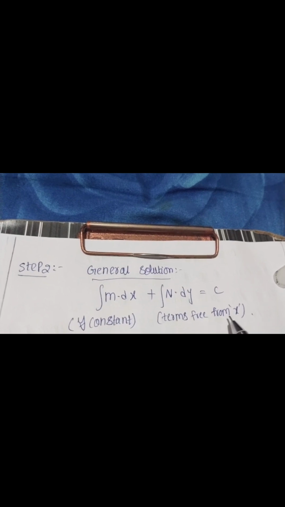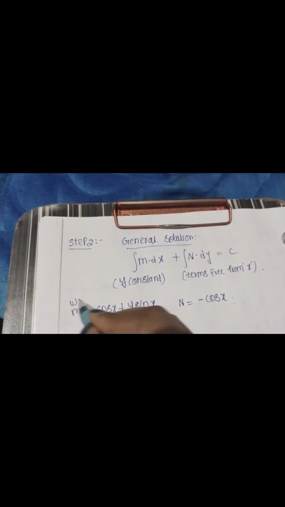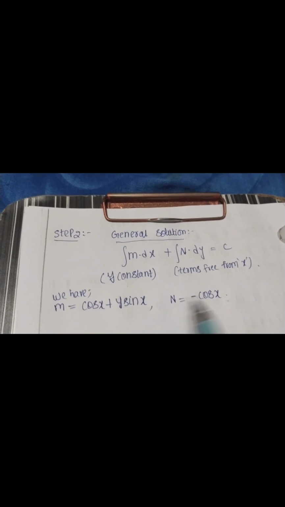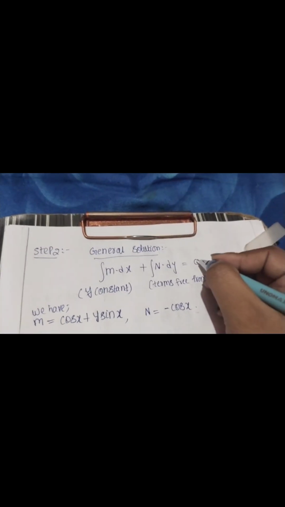Now step 2 is the general solution: integral of M dx plus integral of N dy, where the first part should have y as constant and the second part should not contain x. So now we have M equals to this value and N equals to this value. Let's put M and N over this equation. This is c actually.